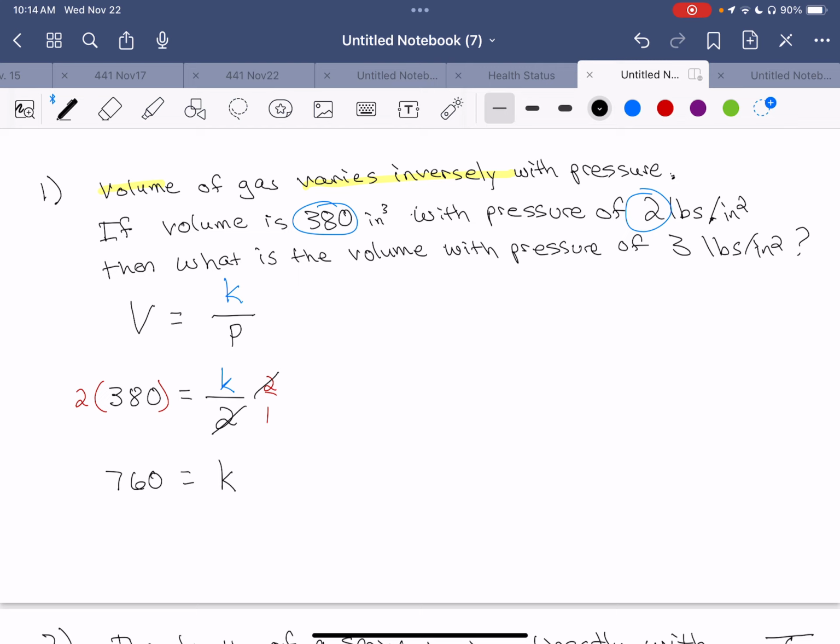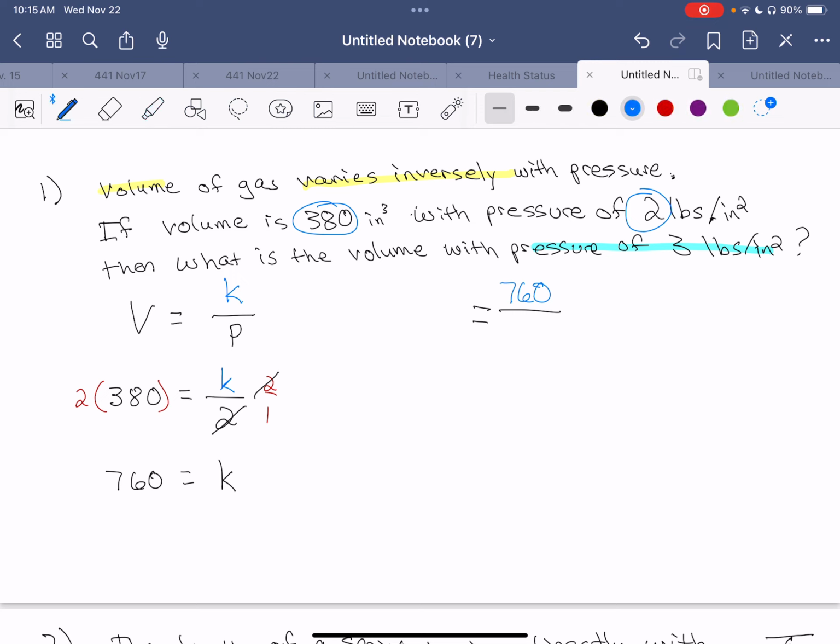Now, we go back into our original equation and plug in the K. So I will have 760 for K. And then we put in the new information that they gave us. So they said, let's do a different highlight, pressure of 3 pounds.